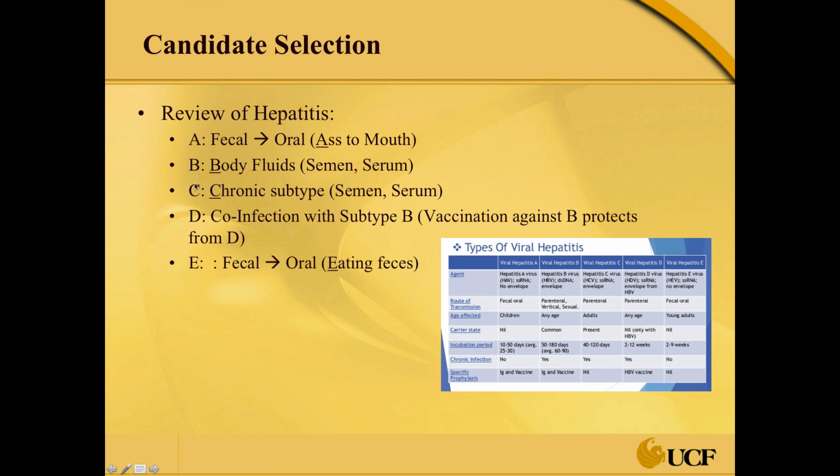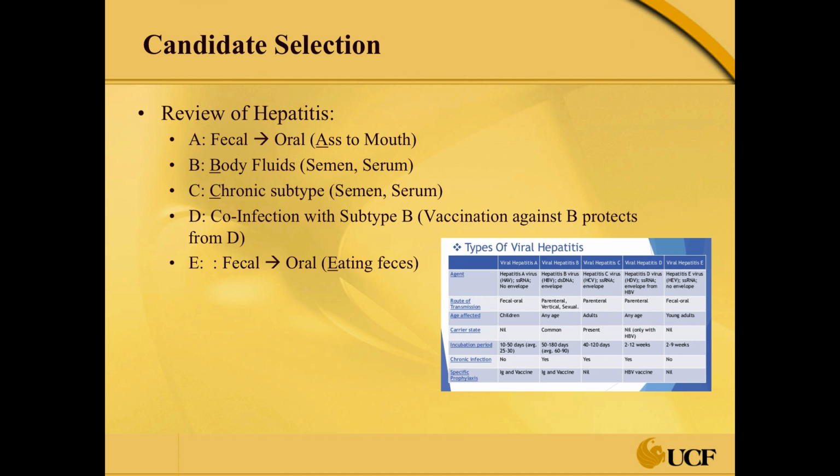And then type C is our chronic subtype, right? Chronic hepatitis. Again, body fluids, semen, serum. When I was in nursing school and when I did my first nurse practitioner program, there was no cure for hepatitis C, so it was really thought of as a death sentence, if you will.